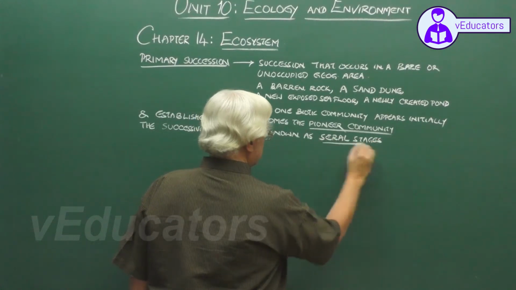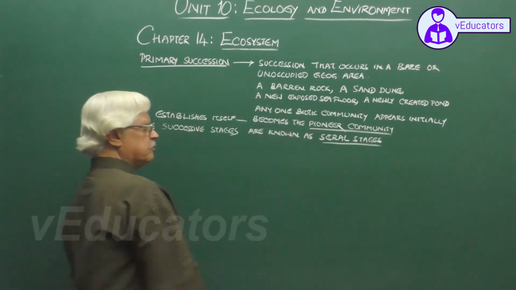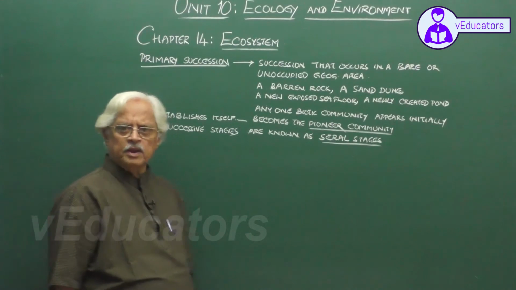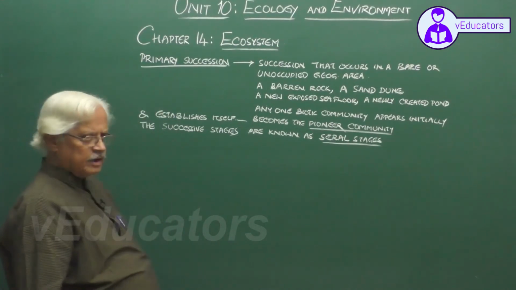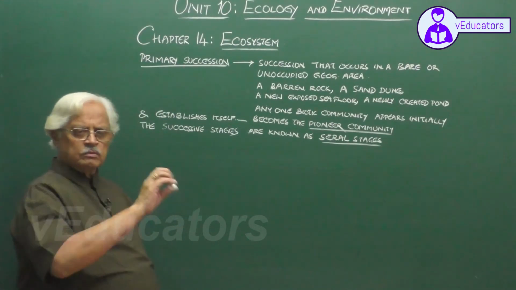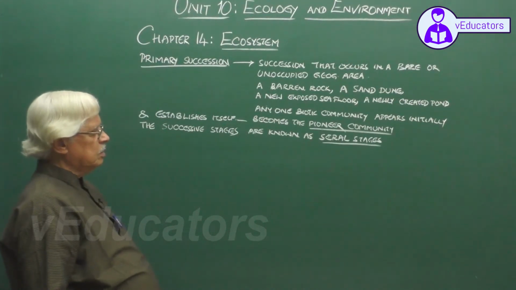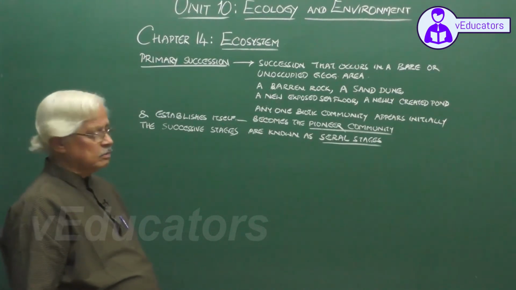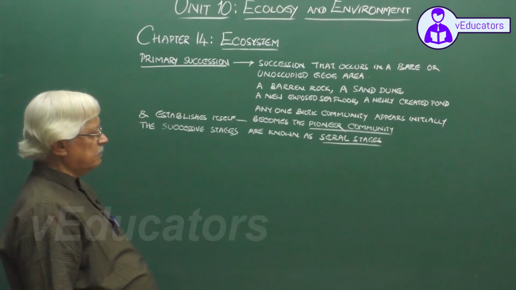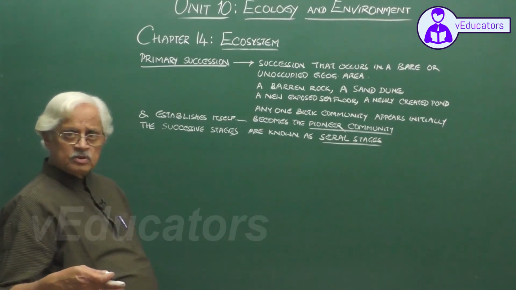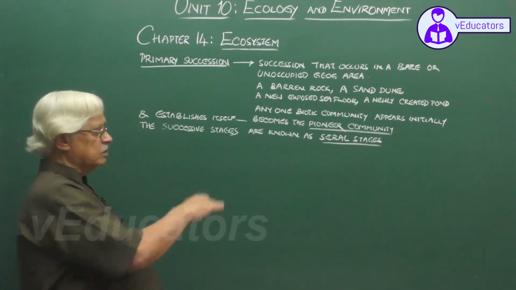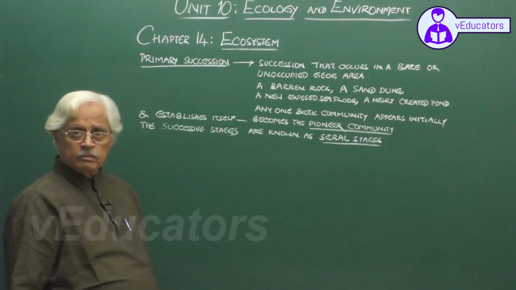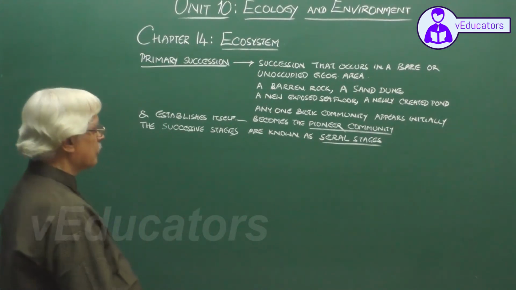So, serial stage 1 may replace the pioneer community. Pioneer community may decline, serial stage 1 may take over. After a particular period of time, serial stage 2 may take over and serial stage 1 may decline.